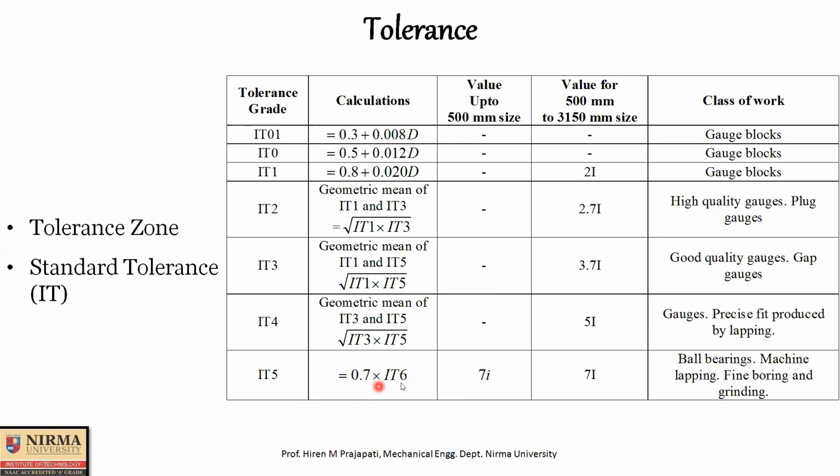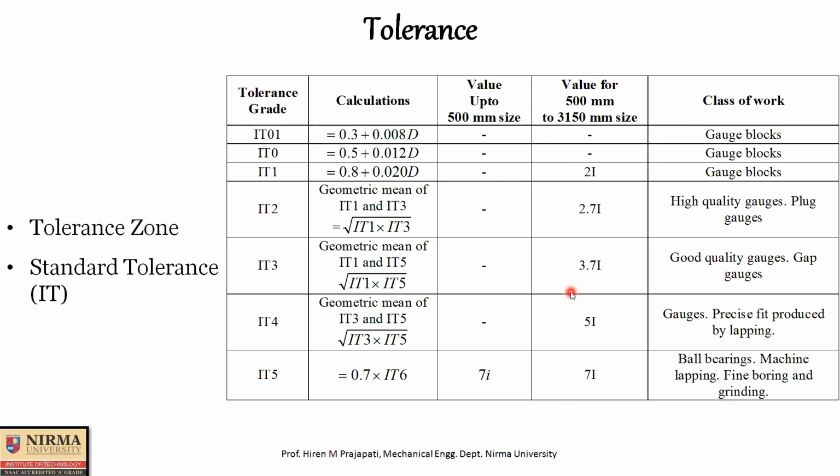This equation will next give you 7 small i, or it can be 7 capital I. Now, if your basic size is below 500 mm or up to 500 mm, then you need to use equation given in this column. If your basic size is in range of 500 to 3150, then you need to use this column equations.